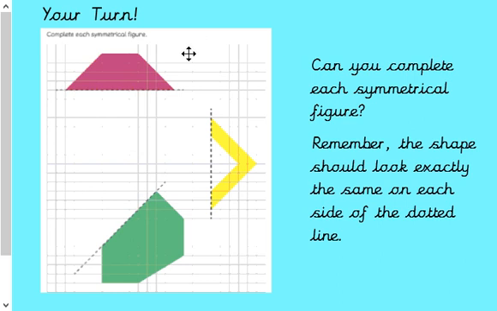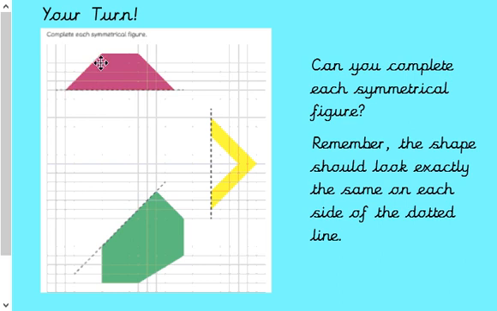Okay, now it's your turn. What we want you to do is try and complete each symmetrical figure. Remember, the shape should look exactly the same on each side of the dotted line. So you will need to think about how you might count the shapes out. So here we can see that this point is on the dotted line, so it won't be any different.